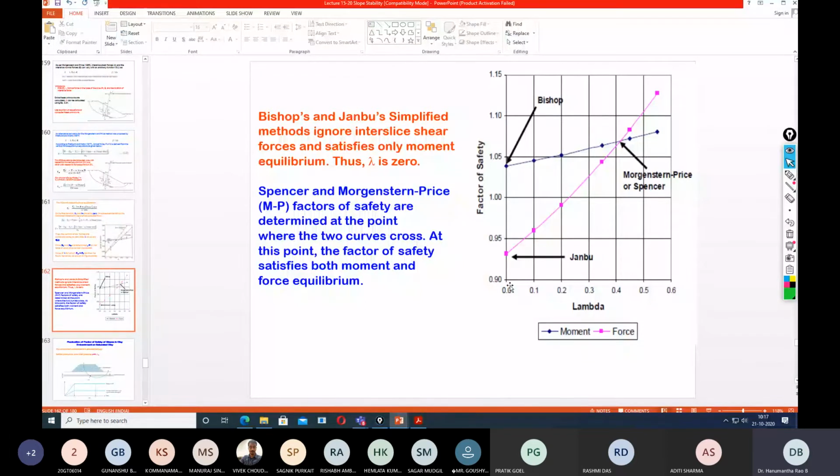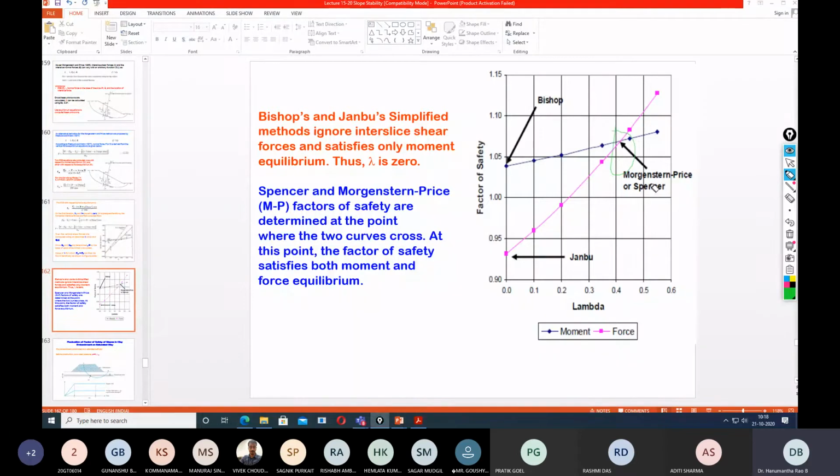Any other method which inherently takes care of both moment and force equilibrium equations will meet somewhere at this point. This intersection point indicates that the particular method has taken into account both moment and force equilibrium.